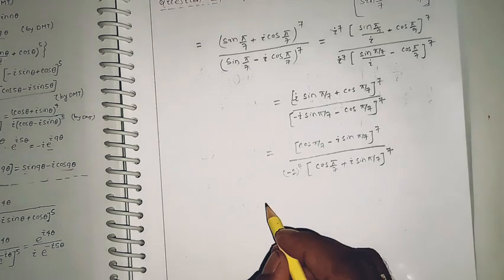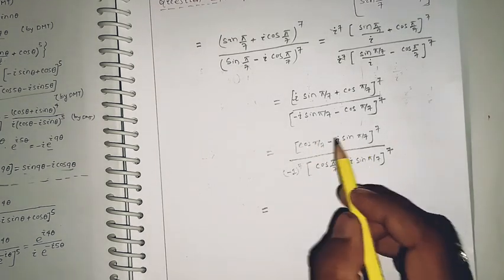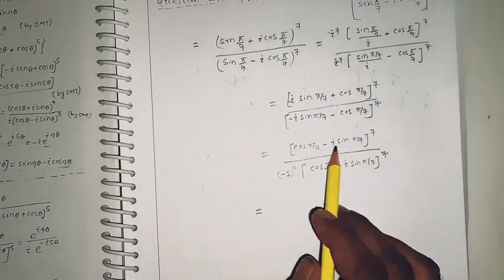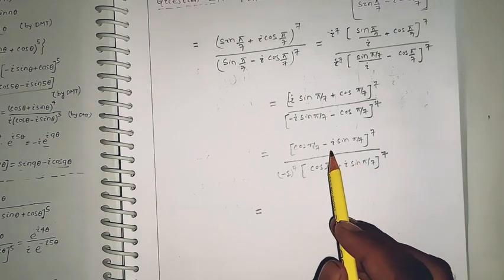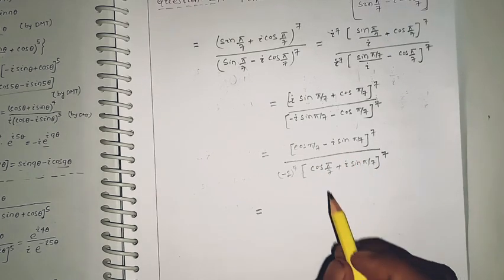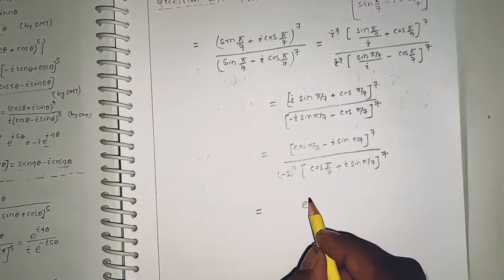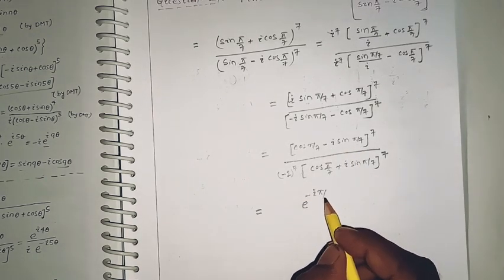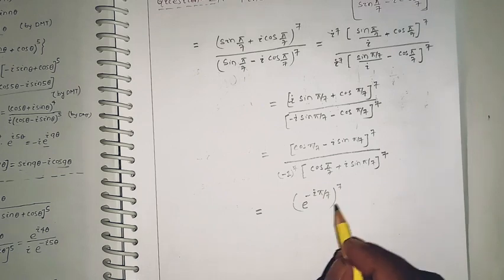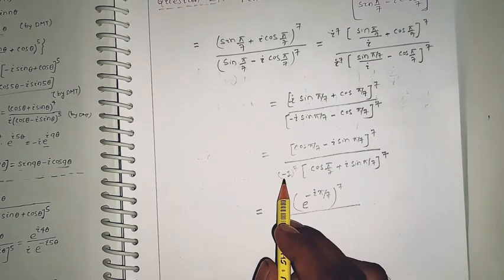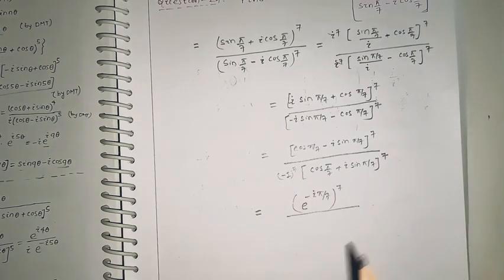Okay, so now this can be written in the form of e to the power i theta by using Euler's formula. That means cos theta minus i sin theta will be written as e to the minus i pi by 7, to the power 7, divided by (minus 1) to the power 7, which is nothing but minus 1 itself.